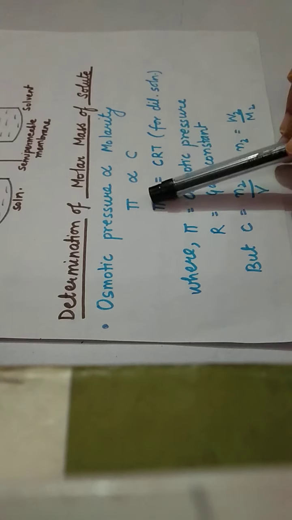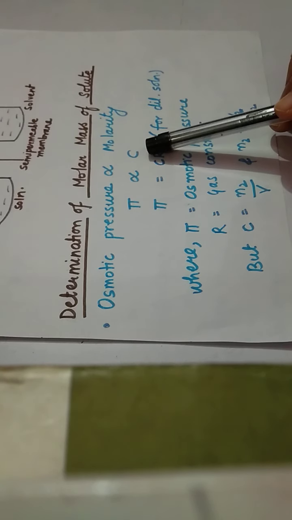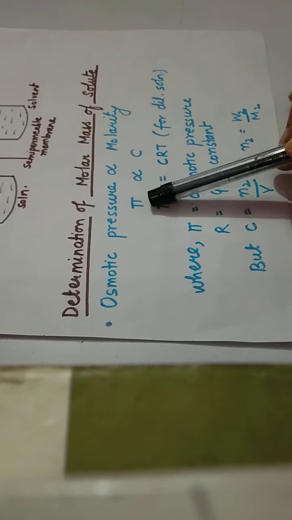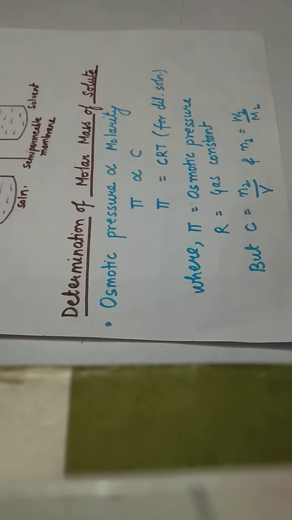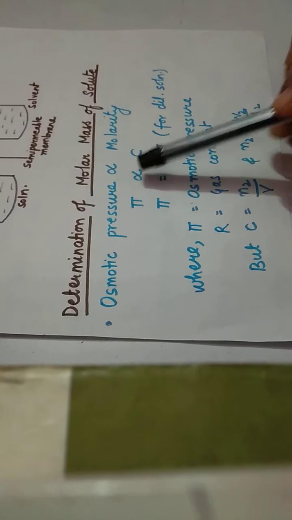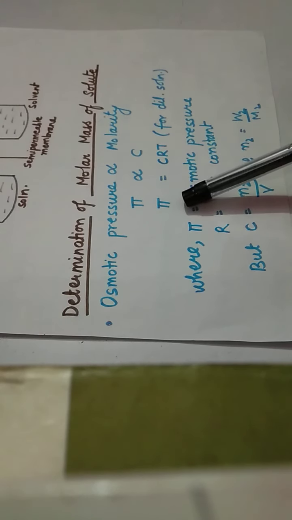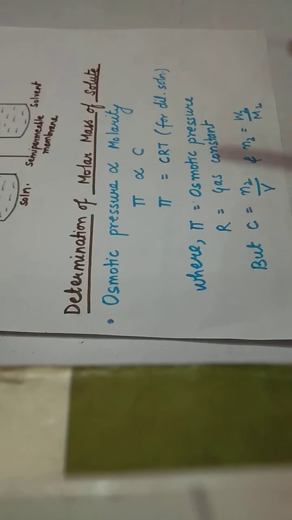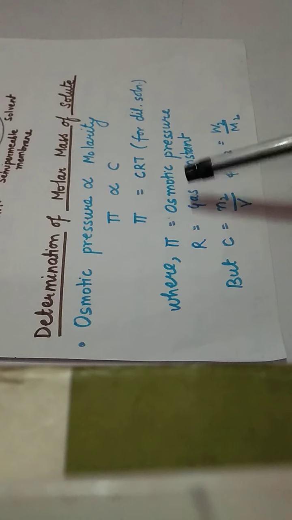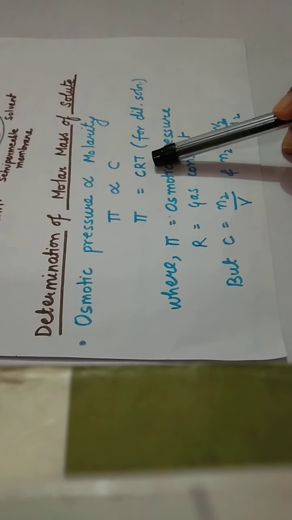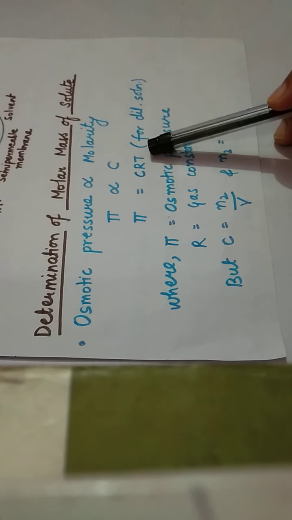So pi is directly proportional to capital C, where C represents the molarity and pi represents the osmotic pressure. On removing the proportionality, we get pi = CRT for any dilute solution, where pi is the osmotic pressure, C is the molarity, R is the gas constant, and T is the temperature.